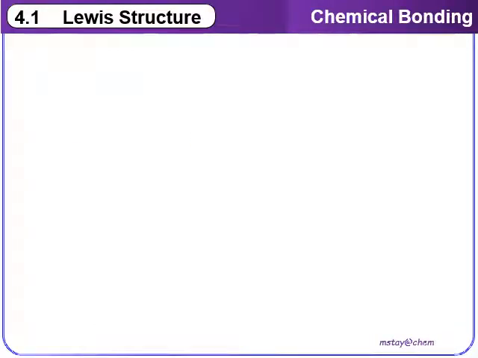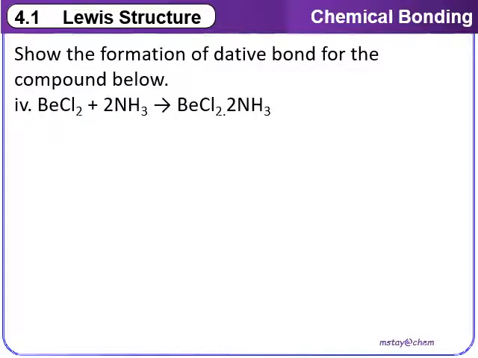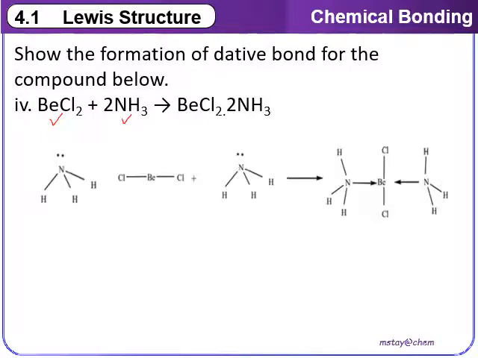Last example for the compound which consists of dative covalent bond. In this case, we need 1 mole of beryllium chloride and 2 moles of ammonia. Beryllium only has 4 electrons and the nitrogen in ammonia has 8 electrons. Each of them has a lone pair, so they will donate 1 pair to the beryllium. If only 1 pair is donated, the beryllium only has 6 electrons and hasn't achieved octet yet.